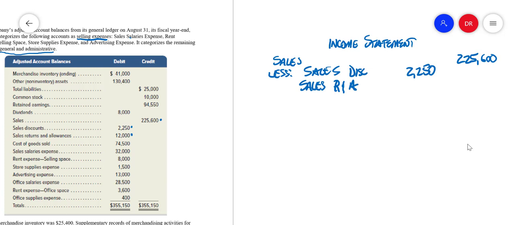And that's going to be 12,000. So we have then net sales. Well, we add these together, and this will be 14,250. So we're subtracting that from sales. So net sales will be 211,350.